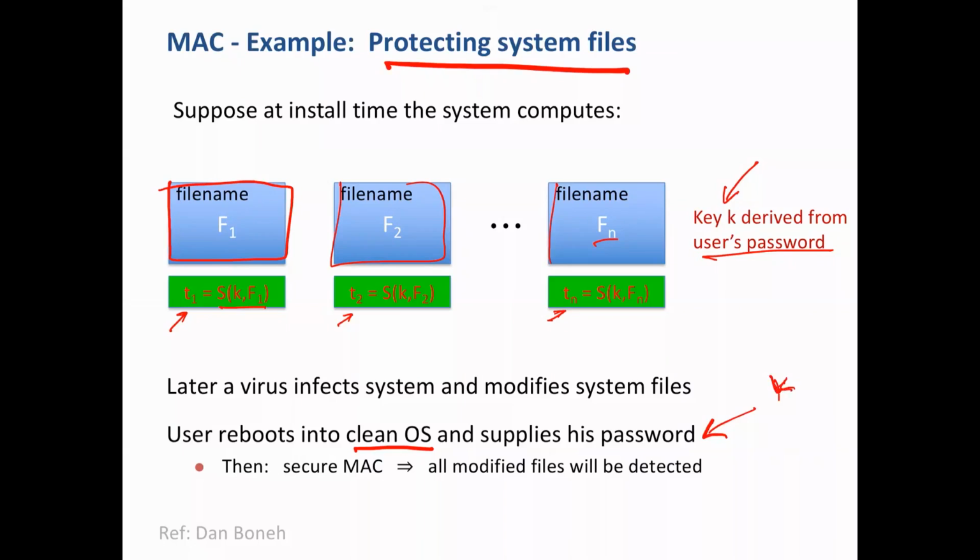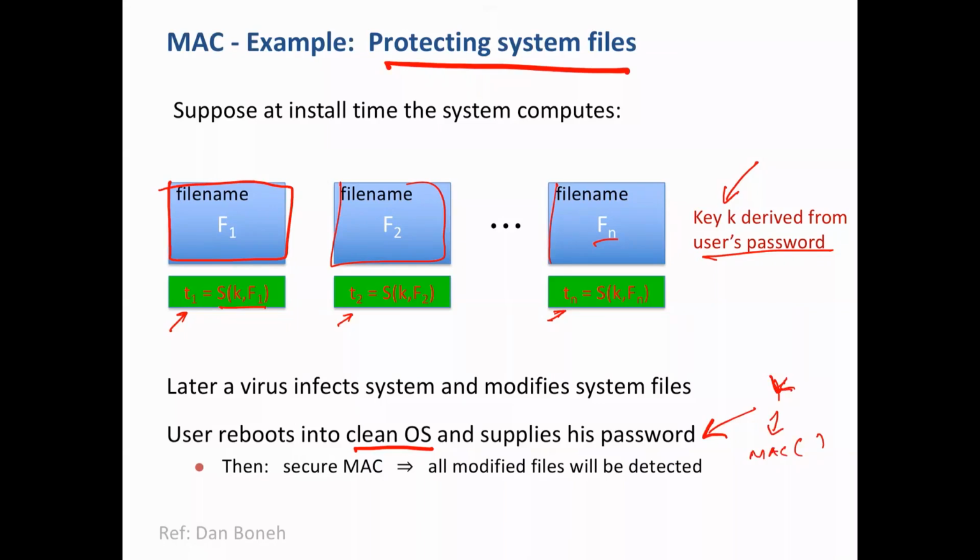Now what we'll do is get the MAC of all the system files and then compare it with the tag that's available. Now if a system file is changed, it can find it out, and if the system file and tag both are changed, even then it can find it out, right?